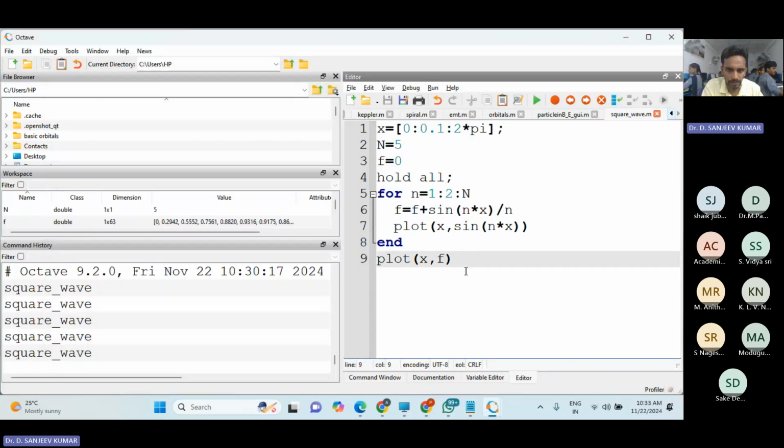Let's say if I want to increase the line width, comma 2.